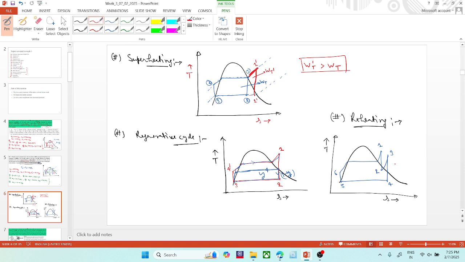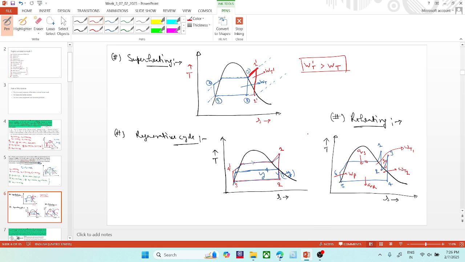Here one work we get from here, WT1. One component of work we get from here, WT2. Some heat we add here, QS, and some heat we add here, QS. So we are adding heat from 6 to 1 and 2 to 3, and from here the heat rejection would be there, and from here the work we have to supply.